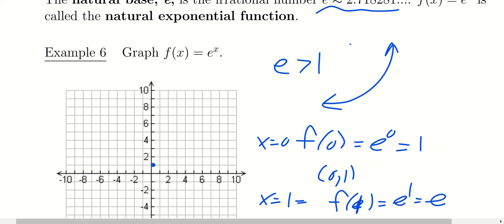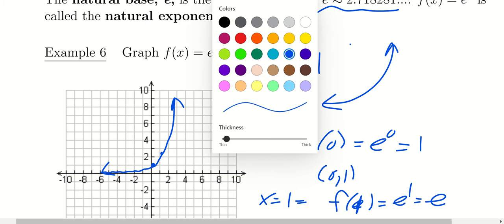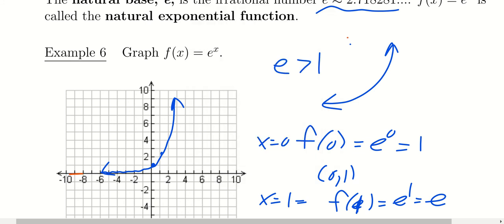So when x is 1, we're at that value, which is about 2.718, etc. And because the base is bigger than 1, it should look like a type 1 exponential graph. So the graph of e to the x is very similar to that of, let's say, either 2 to the x or even 3 to the x.